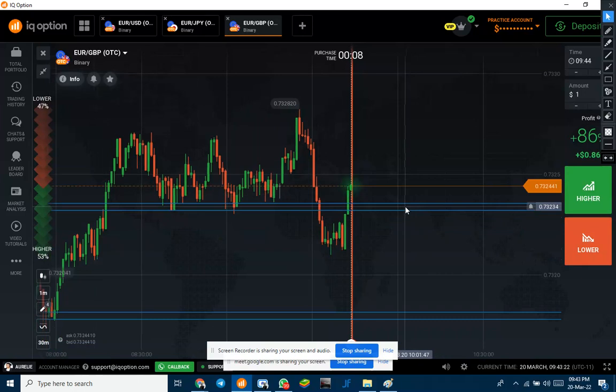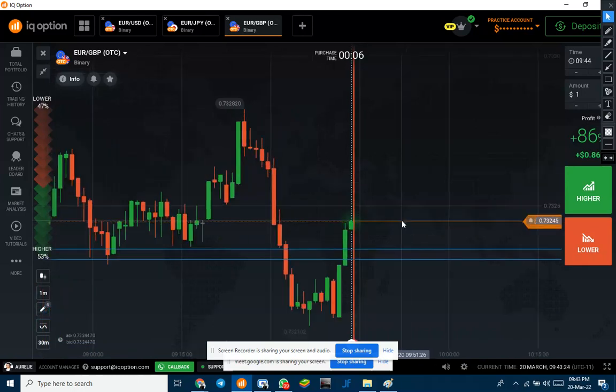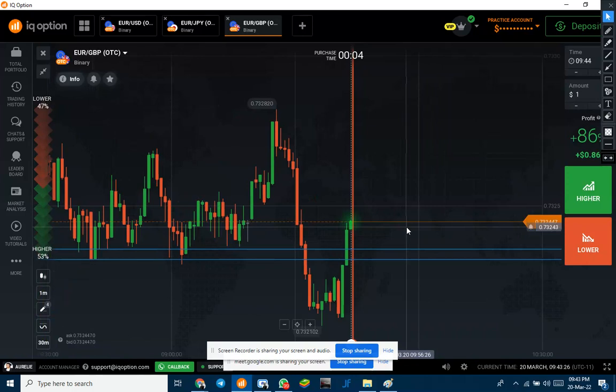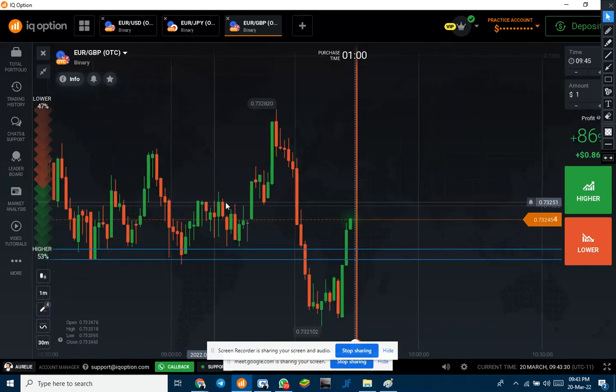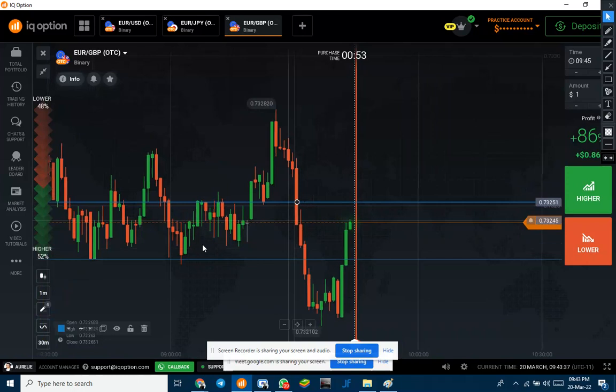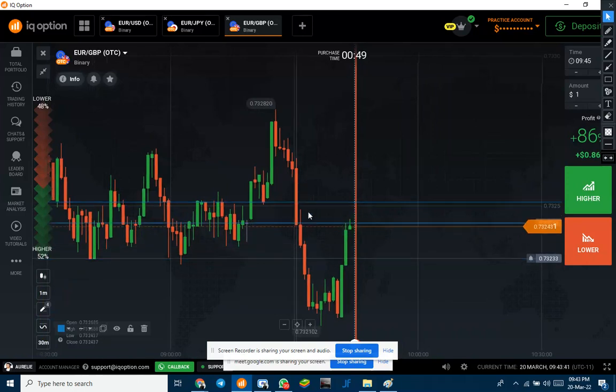Well, not actually what I'm expecting. Remember this level also worked here as a support level. That is another key factor. If the market violates this key factor, maybe it's heading to the next one.